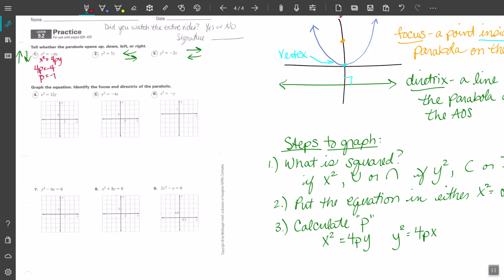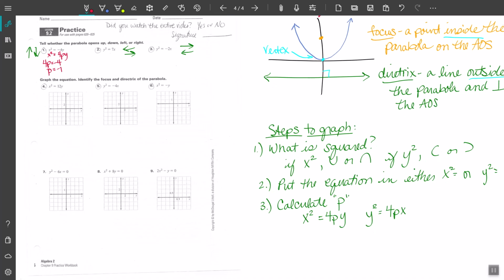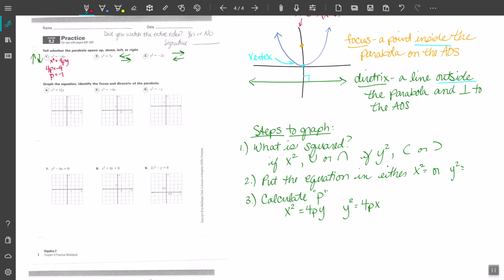If we end up with a p value that is less than 0, then we know that our parabola is going to open down. So we narrowed it down between up and down. We calculated our p. Our p is less than 0, so we know it's going to actually open down.